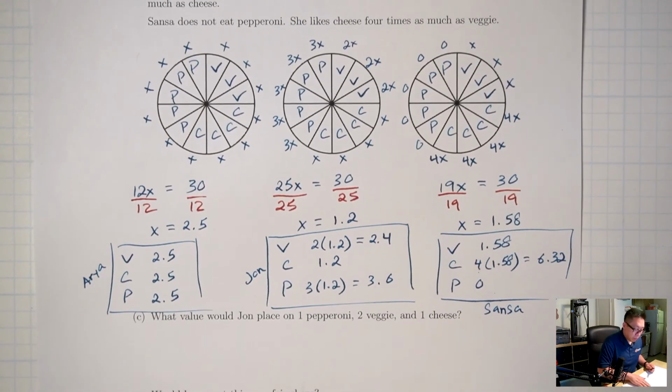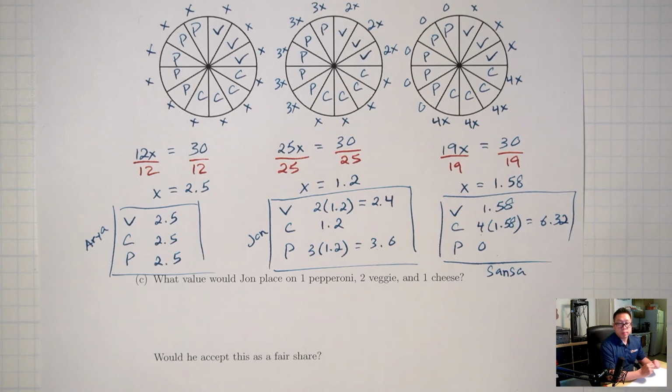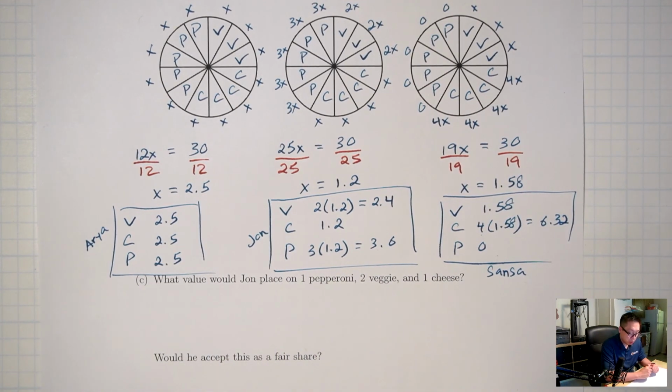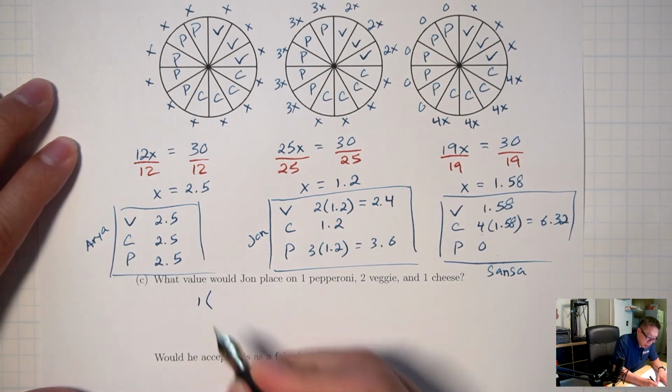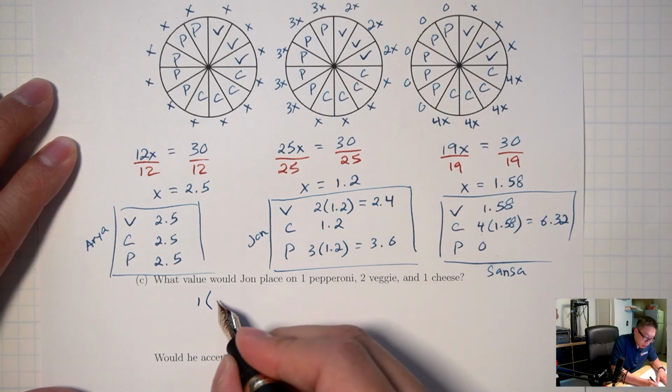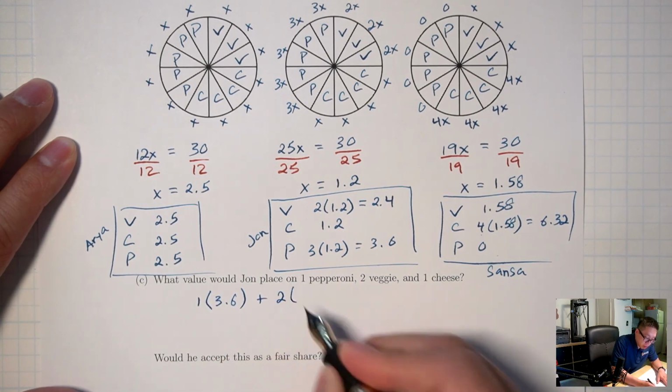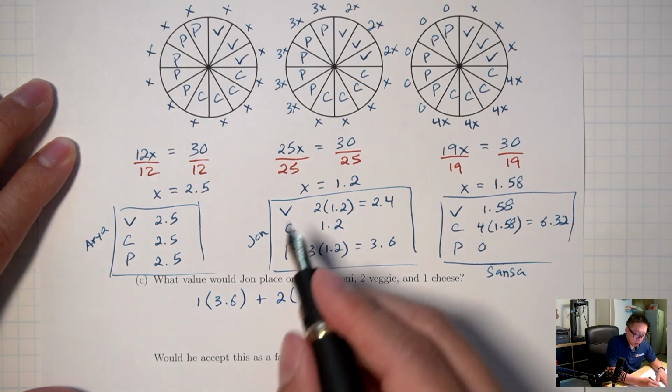All right. Part C. What value would John place on 1 pepperoni, 2 veggie, and 1 cheese? So we're going to use John's values. 1 pepperoni, so 1 times his value for pepperoni, which is 3.6. Plus 2 veggie, so 2 times his value of a veggie slice, which is 2.4.